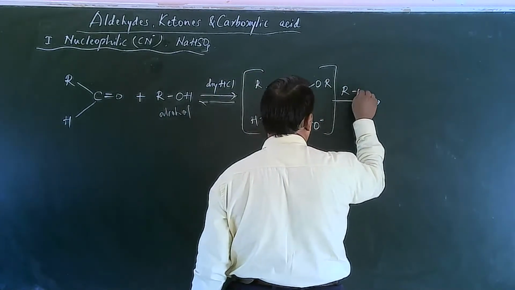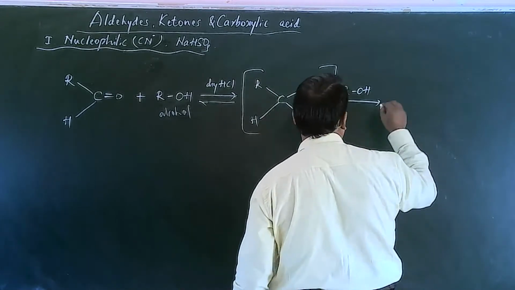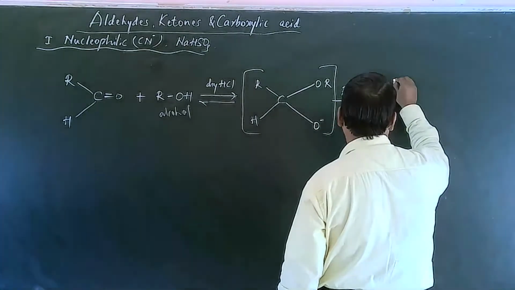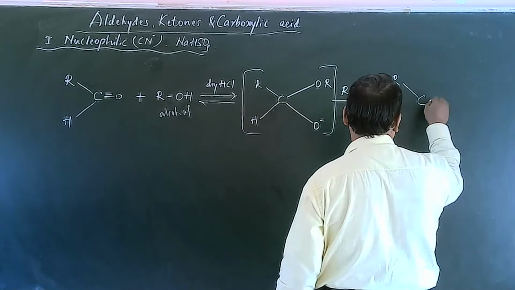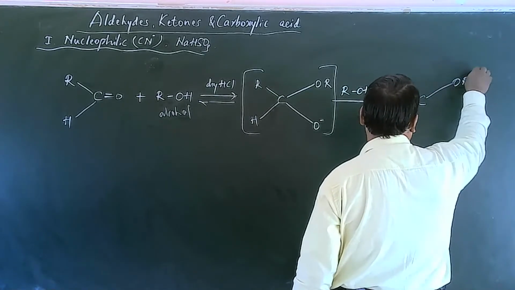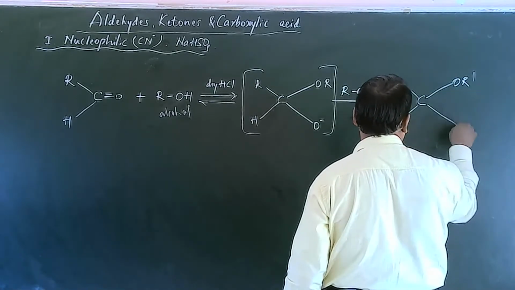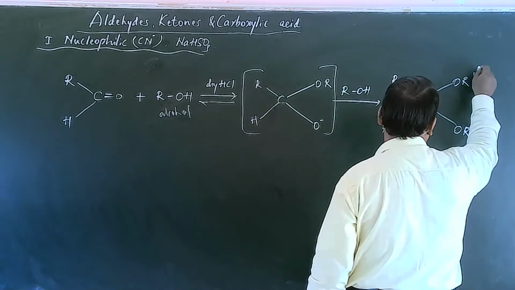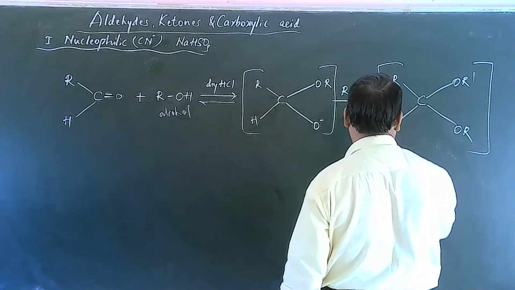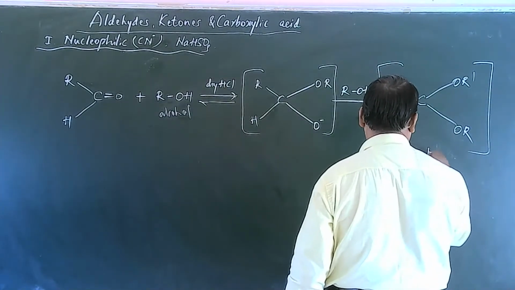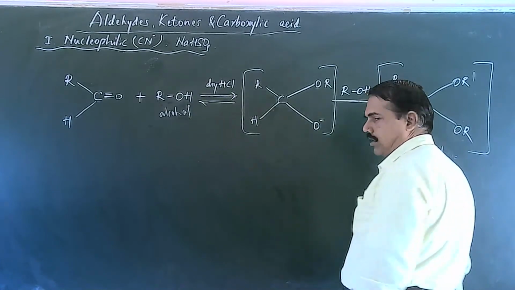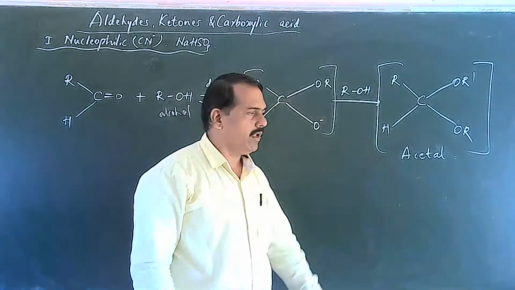Again, when it reacts with another molecule of alcohol, we get an acetal, with OR dash and OR dash on the carbon, and this is called an acetal. Are you clear?